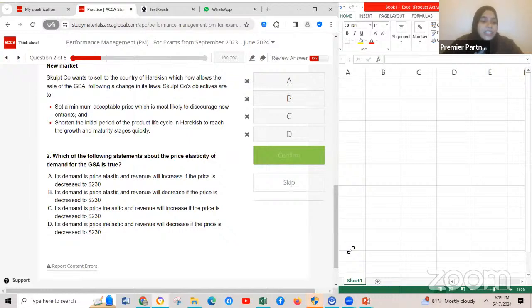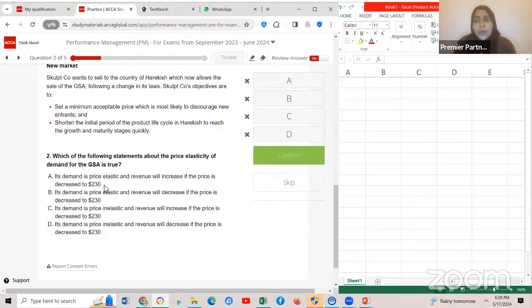If the price is elastic and revenue will decrease if the price is decreased, the demand is inelastic. No, that is out of the option. These two are not the option because we already agreed it's elastic. These two say inelastic, so that's wrong. Now for elastic, guys, if you reduce the price, demand will increase by a greater percentage.